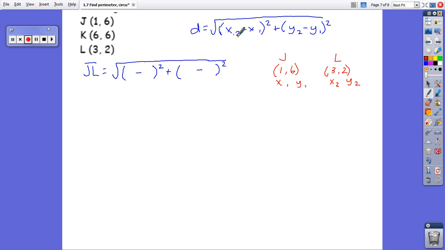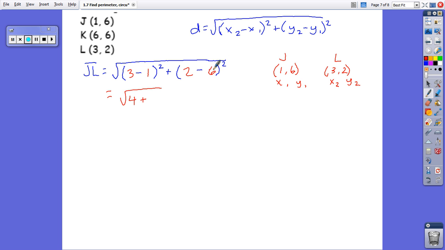So I'm just following this. x2 is 3 minus x1 is 1. 3 minus 1. And the other one, y2, is 2 minus 6. So we're going to go ahead and solve this. 3 minus 1 is 2. 2 squared is 4. 2 minus 6 is negative 4.